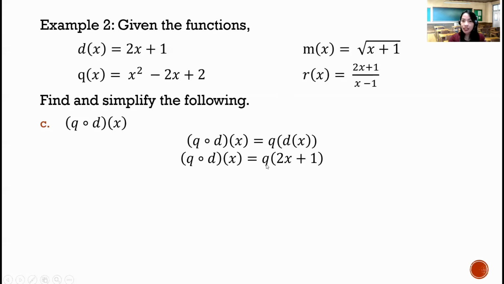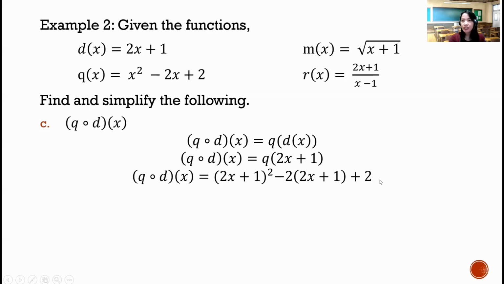So, gagamitin natin yung function na q of x at yung lahat ng x dito ay aalisin natin, papalitan natin ng 2x plus 1. So, that is the quantity 2x plus 1 squared minus 2 times the quantity 2x plus 1 plus 2.